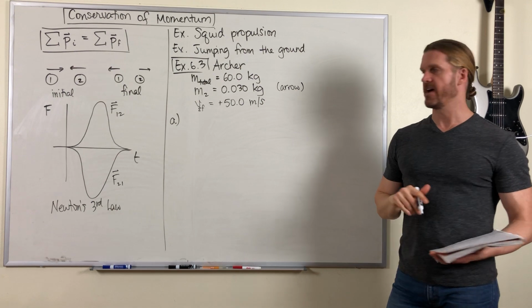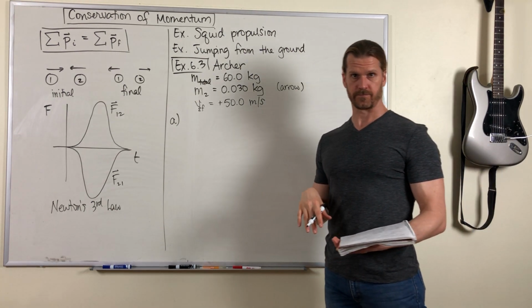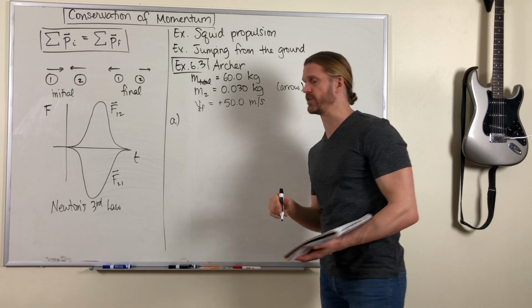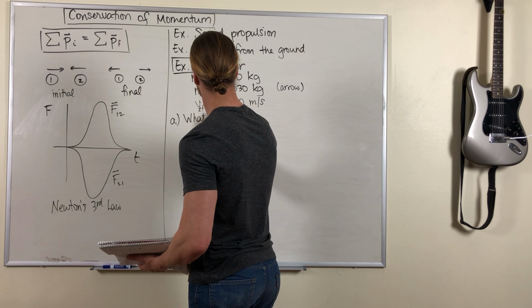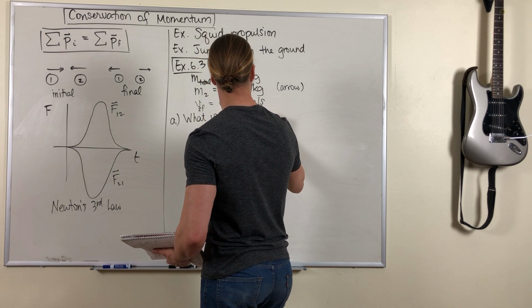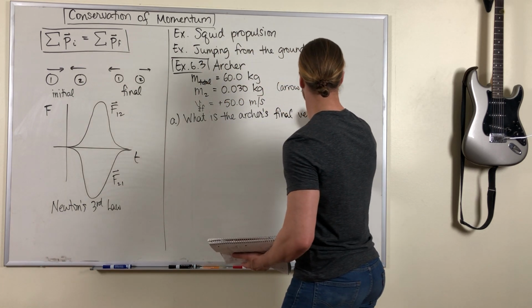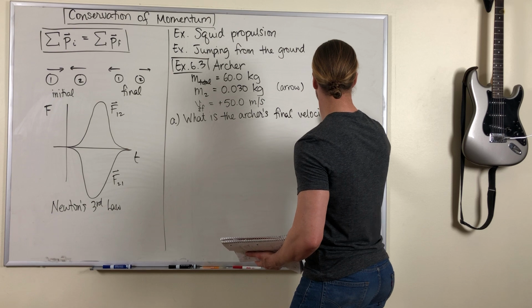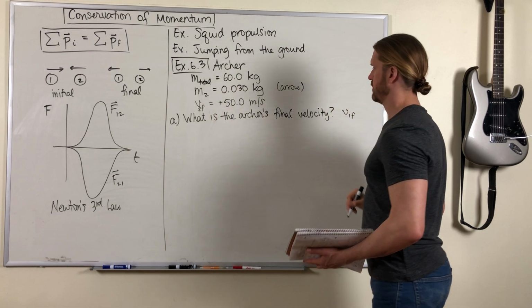So the first question we can ask is, what is the archer's final velocity after shooting this arrow? So let's call that V1 final.